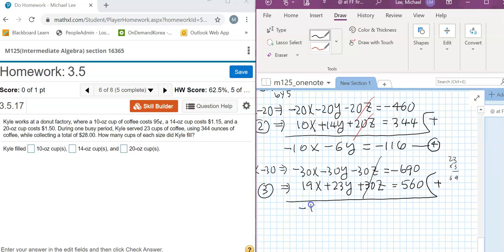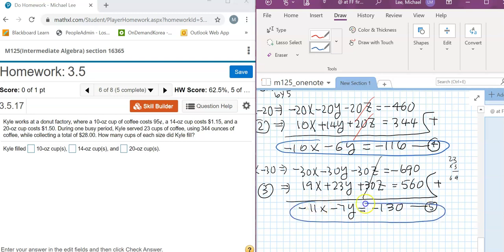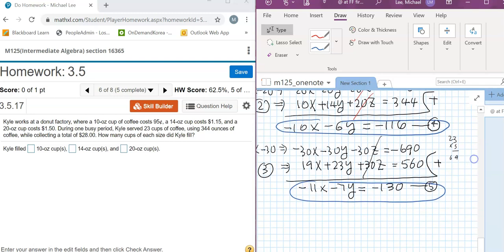So negative 11x minus 7y equal to negative 130. So I have number 4 and number 5. Okay. So number 4 is this. Number 5 is this. So I'm going to now solve this one.